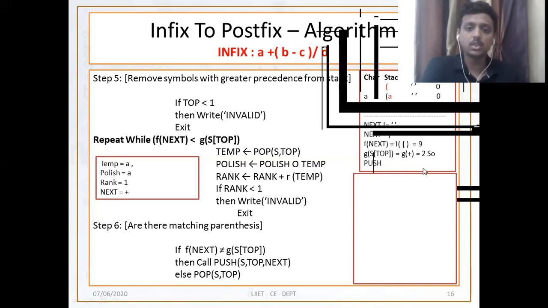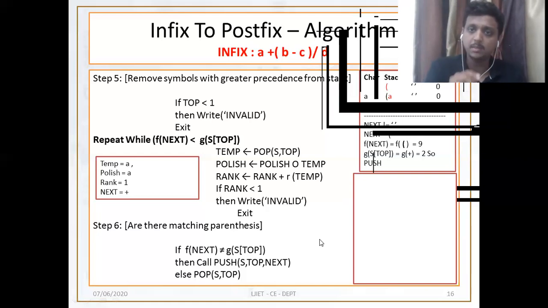When you get next is equal to plus, it means there is the g of s of top and next. Both precedence will not be the same. But imagine a condition where next is equal to closing bracket and g of s of top is equal to opening bracket. Now check the precedence table.